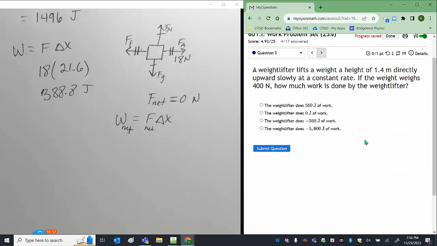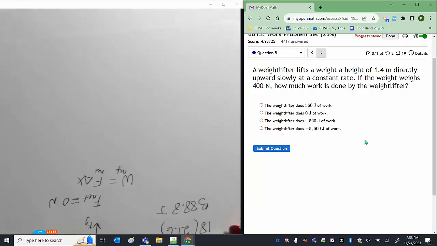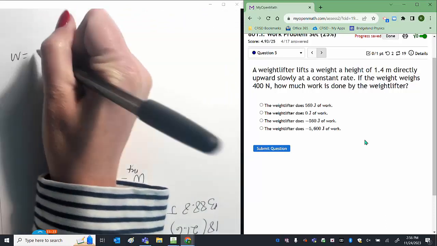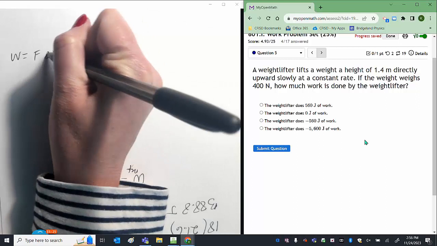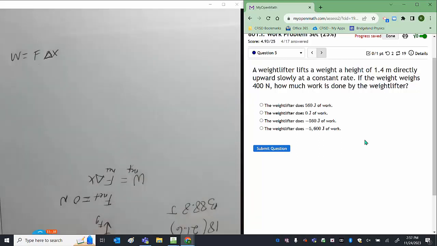Question 5. A weightlifter lifts a weight a height of 1.4 meters directly upward, slowly at a constant rate. If the weight weighs 400 newtons, how much work is done by the weightlifter? It's asking us for the work done by the weightlifter. Work is force times displacement, and the force needs to be the force applied by the weightlifter.